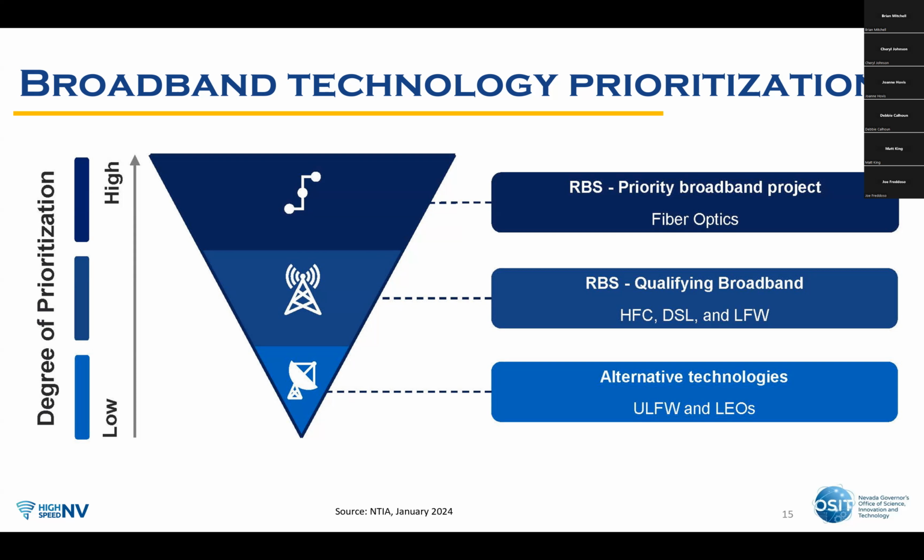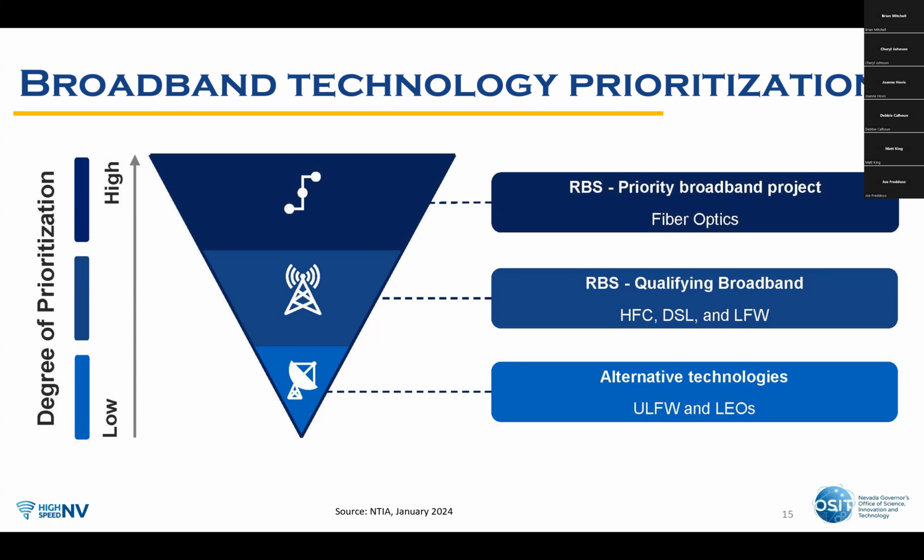The second level of prioritization, but lower priority than end-to-end fiber, are reliable broadband services that still qualify as reliable broadband: HFC, hybrid fiber coax, DSL, that's digital subscriber line, and licensed fixed wireless that fit the definitions of reliable broadband service and qualifying broadband.